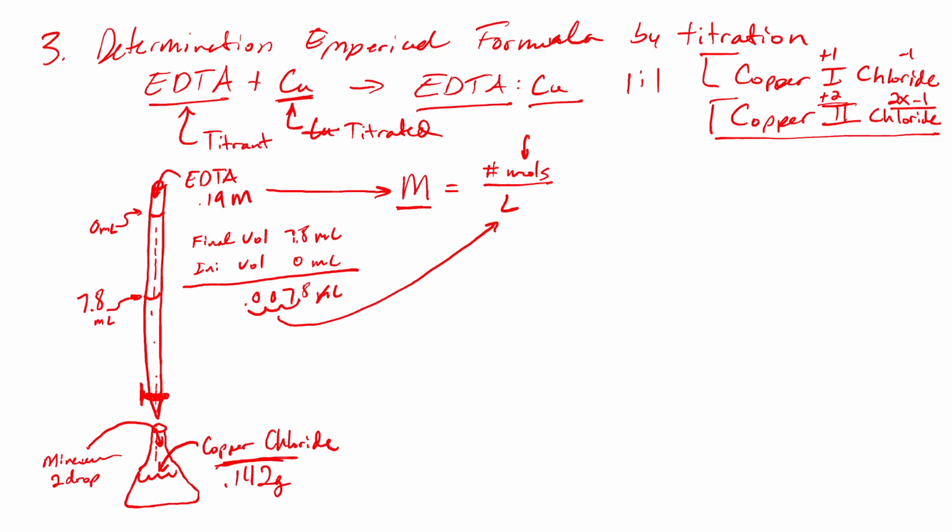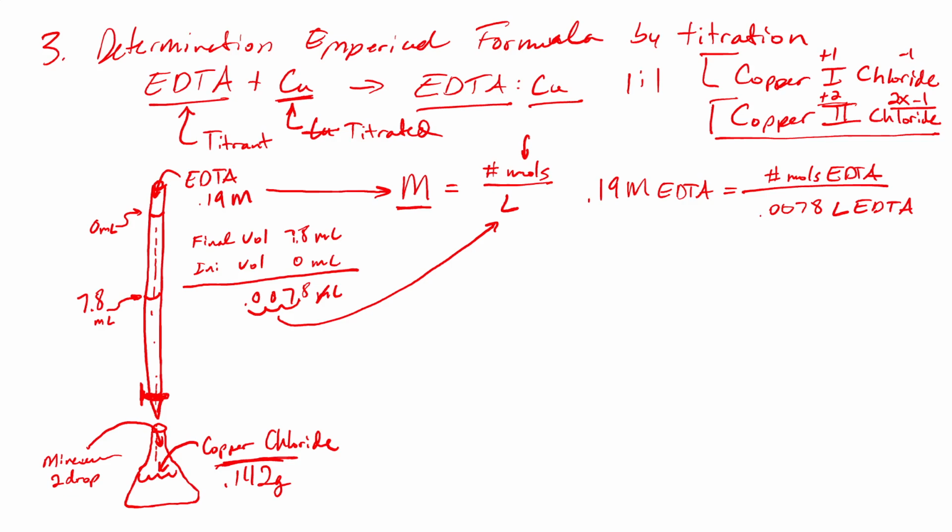So then our equation then is this, okay? 0.19 molar EDTA equals number of moles of EDTA all divided by 0.0078 liters of EDTA, right? That's good, liters of EDTA.